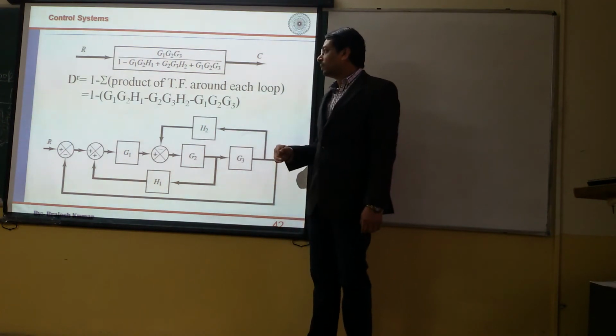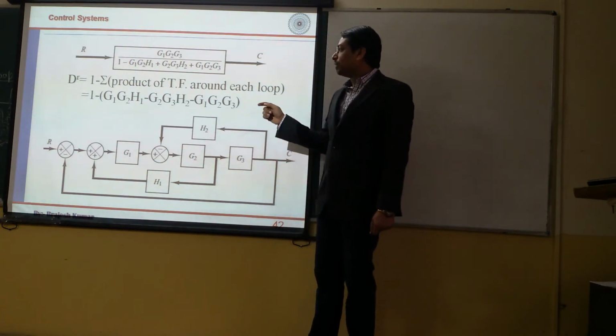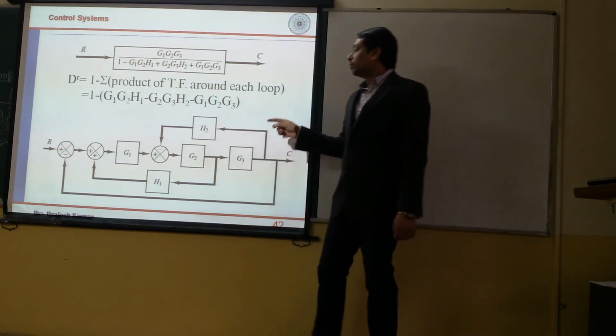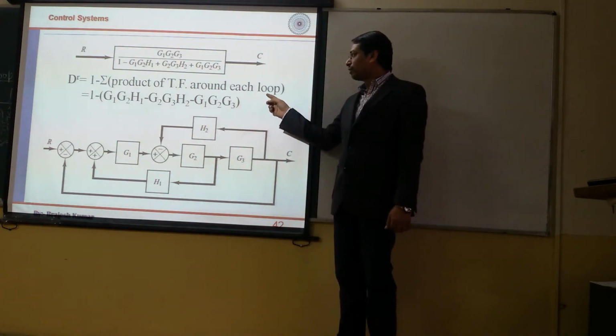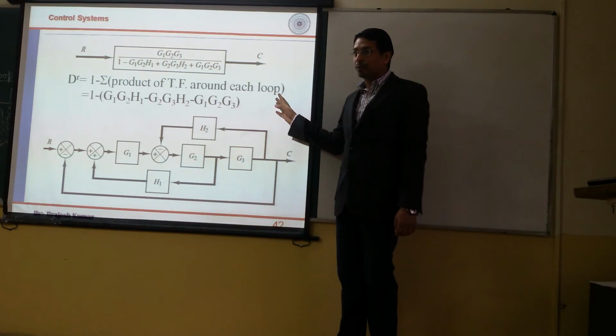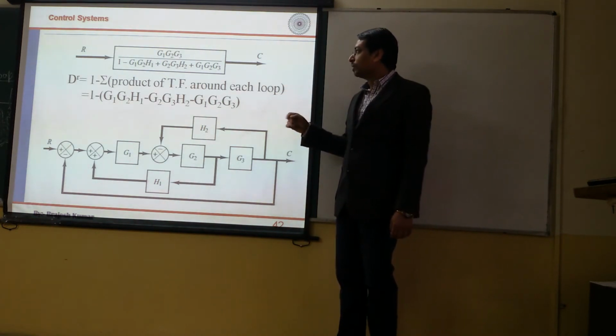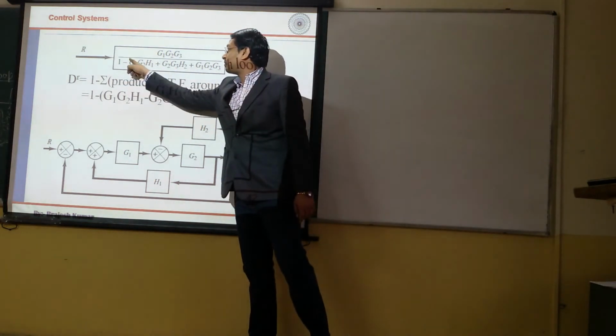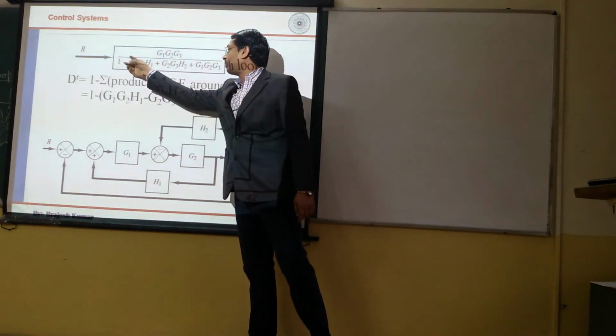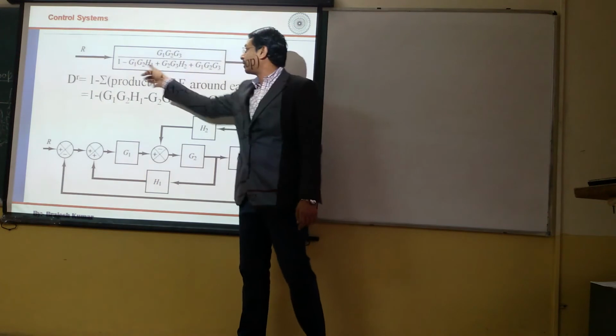Note the denominator. You can say the denominator is 1 minus the product of transfer function around each loop. 1 minus the product of transfer function around each loop. Means I am going to take this negative sign outside, take a parenthesis here, and take the negative common.